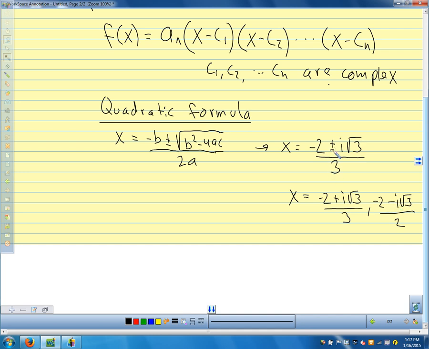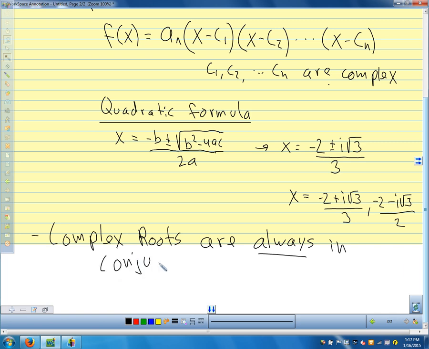When we use the quadratic formula and we get an imaginary part, we get a plus or minus, so we always get a conjugate. The quadratic formula always gives us conjugates. It has to happen that way. Our complex roots are always in conjugate pairs. That's how they come out.